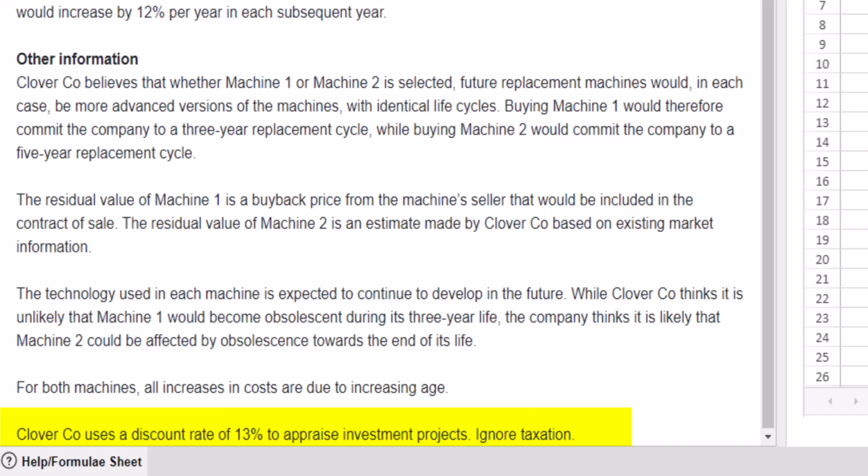That's great for us because that complicates the net present value, doesn't it? You'd have to be putting in tax benefits on the initial cost, and you'd also be having to put in tax relief on those maintenance costs and operating costs. Good news, we don't have to do that.